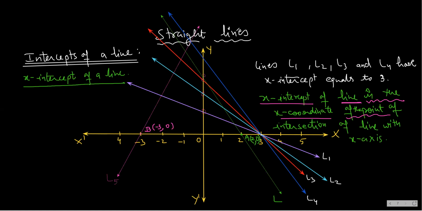Now remember students, a line will have, along with x-intercept, also y-intercept. But here we are giving emphasis in this diagram. Since I was teaching you x-intercept, we did not speak about the y-intercept. Now we are going to talk about y-intercept.